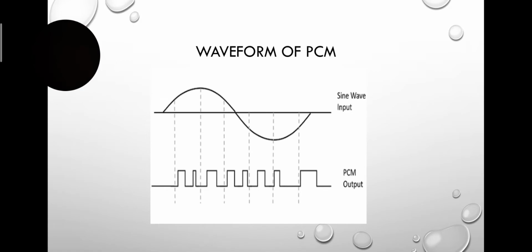The following figure shows an example of the PCM output with respect to instantaneous values of a given sine wave. Instead of a pulse train, PCM produces a series of numbers or digits, and hence this process is called digital.